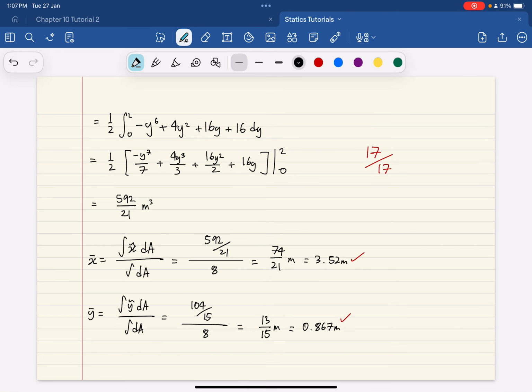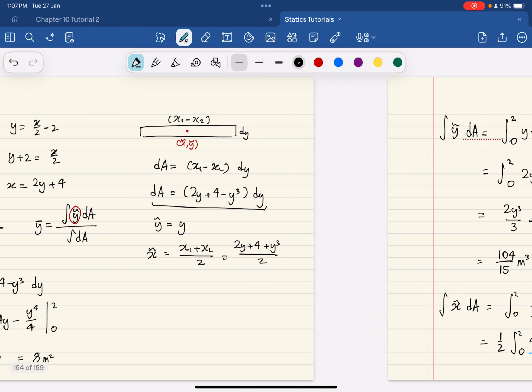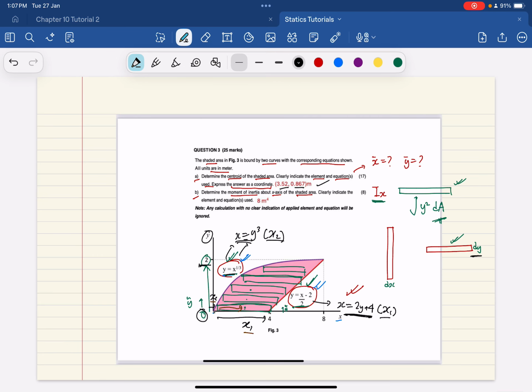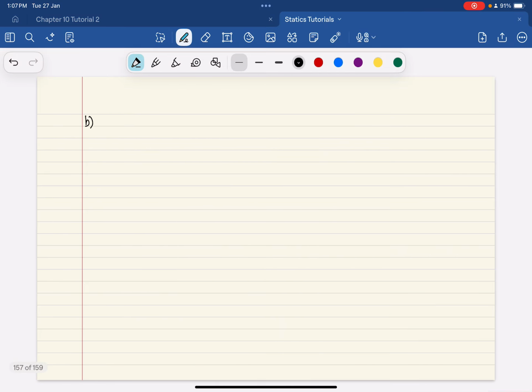Now we come to the second part of the question. Okay, part B. So part B, we wanted to find the moment of inertia on the x-axis, that's Ix, right? Which is just simply the integral of y squared dA, where we took the vertical element. So we take the same vertical element as before.